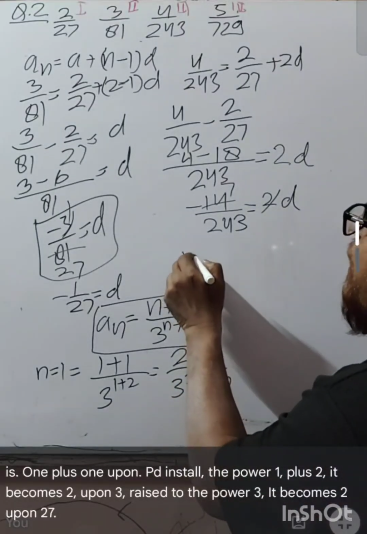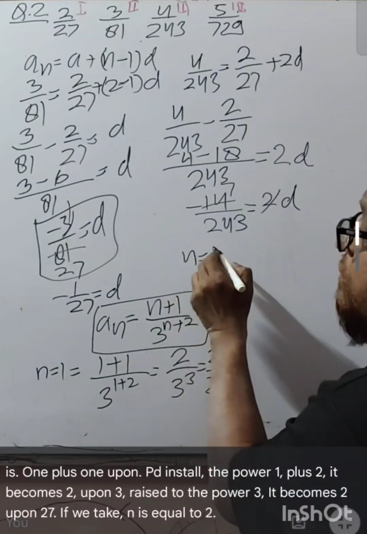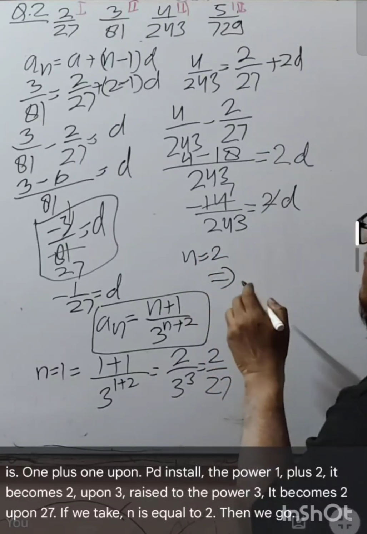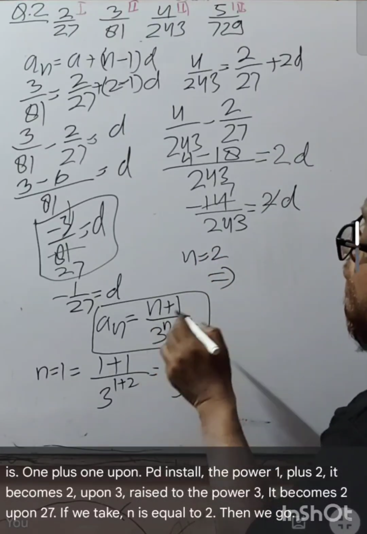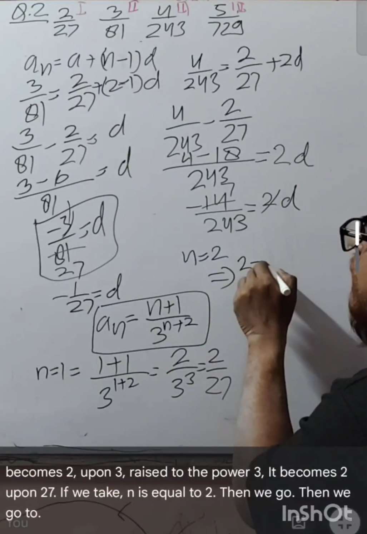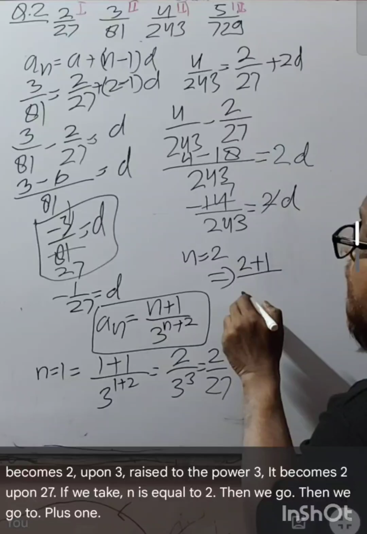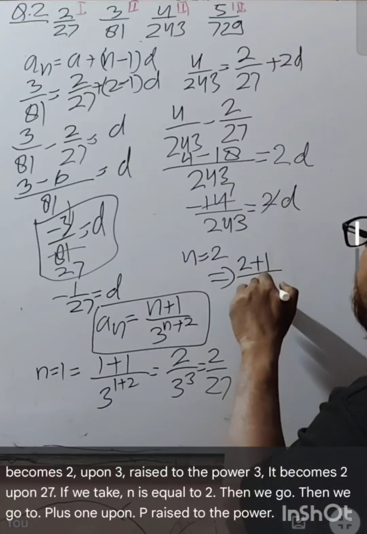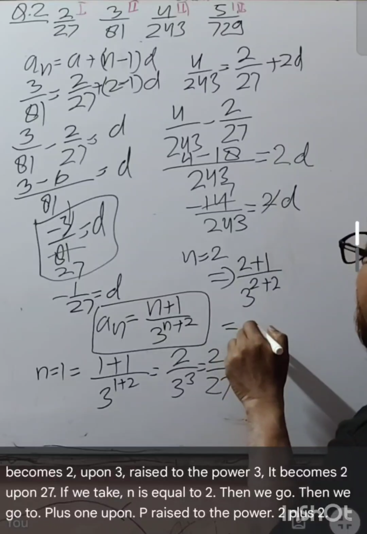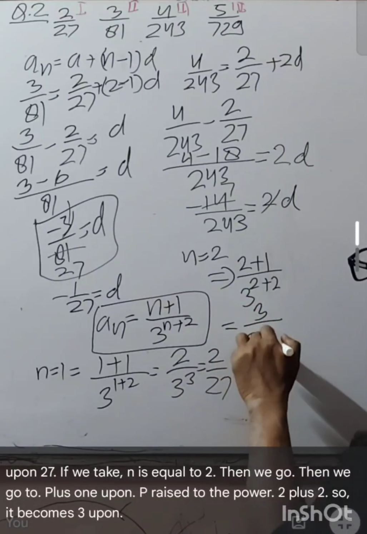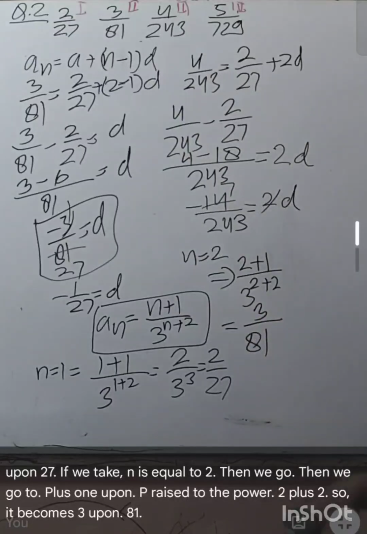If we take n is equal to 2, then we get 2 plus 1 upon 3 raised to the power 2 plus 2. So it becomes 3 upon 81.